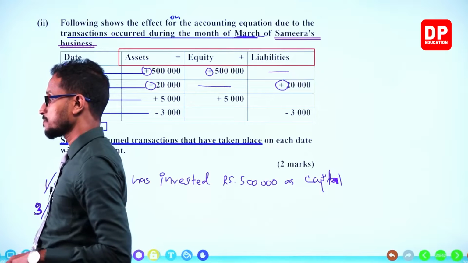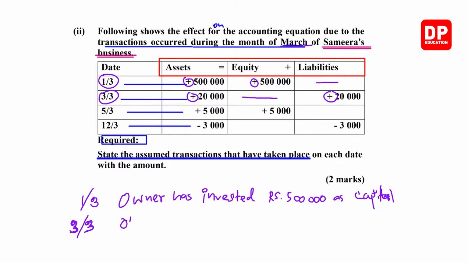First option is what? Obtained a bank loan, rupees 20,000. Or you can write the other.